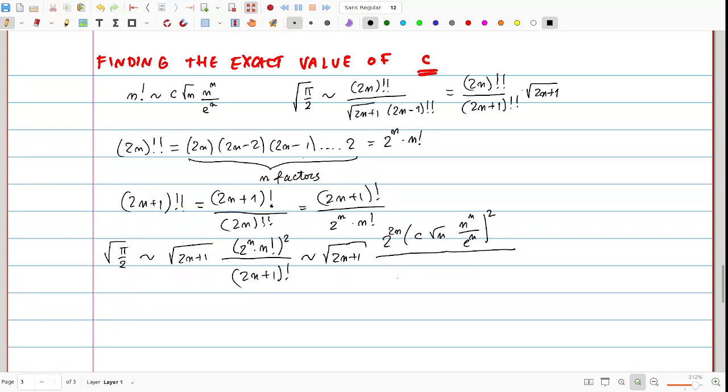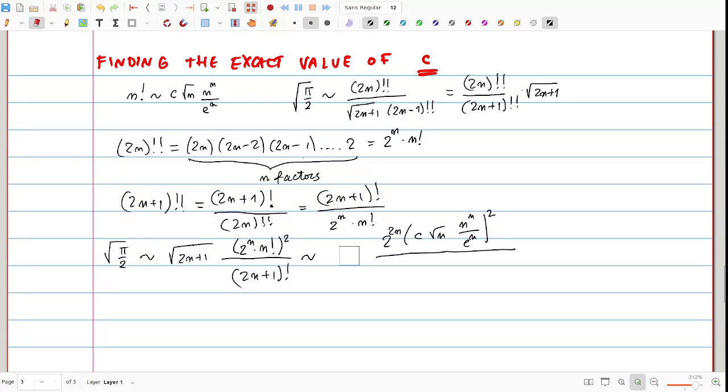And below we have 2n plus 1 factorial, which maybe we can write like 2n plus 1 times 2n factorial.